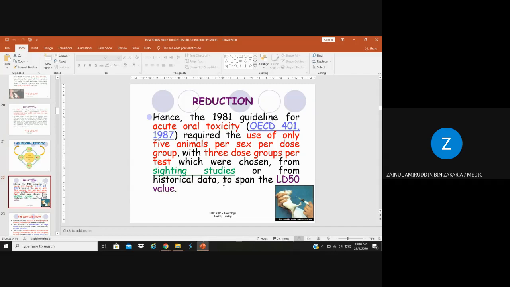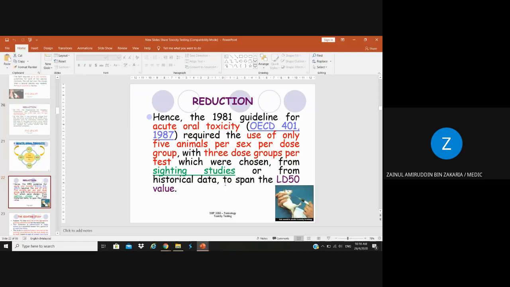When you know the dose that causes toxicity to other animals, then you can design your experiment based on that dose. Let's say 300 mg per kg causes death to chicken.